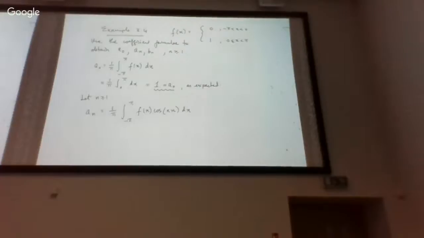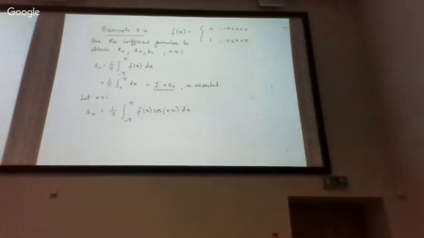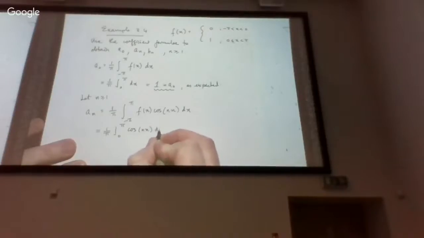So this may or may not be a hard integral to work out. You substitute in the definition of the function f. Remember, f is just 0 on the first half and 1 on the second half. So this reduces to just 1 over pi times the integral from 0 to pi of cosine nx dx.